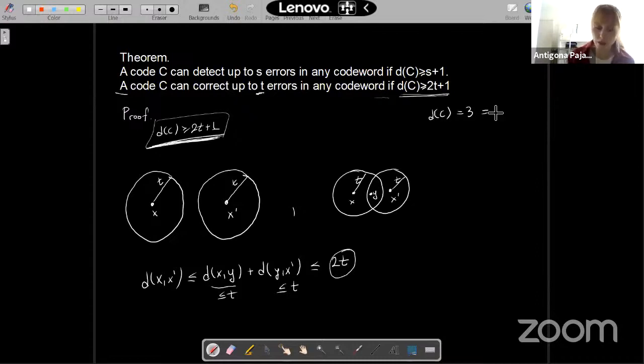For example, we can write 3 as 2 plus 1. And now I can tell that this is our S, and I can say that this code with this minimum distance can detect up to S errors. And I can write this 3 as 2 times 1 plus 1, and I know that it can correct one of those errors. So this is why it's important.